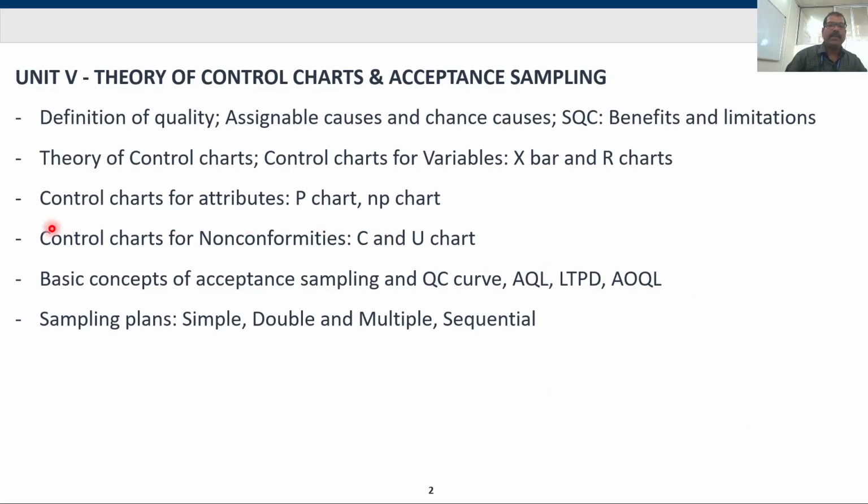The second half tells about quality control, the OC curve or operating characteristic curve, AQL, LTPD, AOQL, single sampling, double sampling, multiple sampling, and sequential sampling. And at the beginning, we discussed what quality is, how quality inspection and quality assurance work, and the causes of failure or reasons for not getting proper quality, assignable or chance causes. We discussed this. So this unit is very simple.